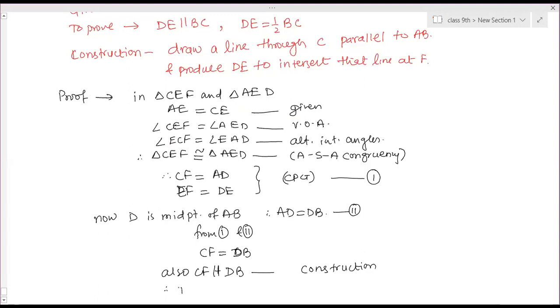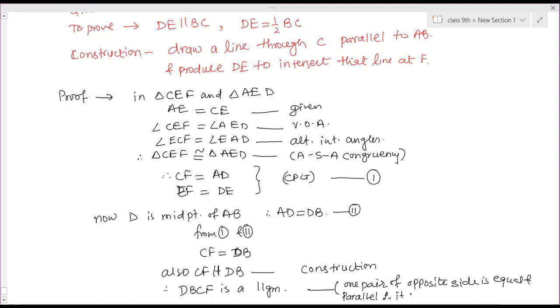So therefore DBCF is a parallelogram, as one pair of opposite sides is equal and parallel. Therefore it is a parallelogram.